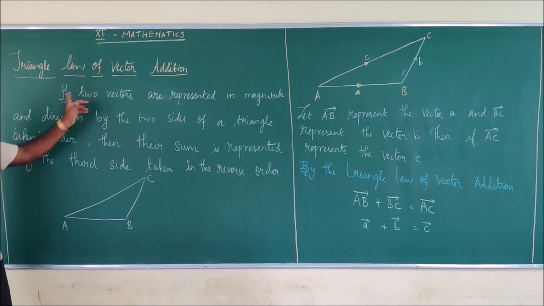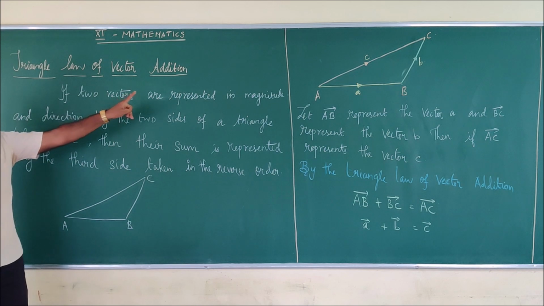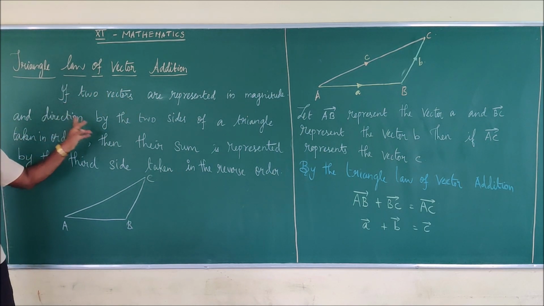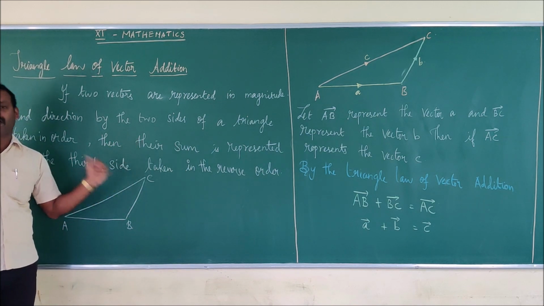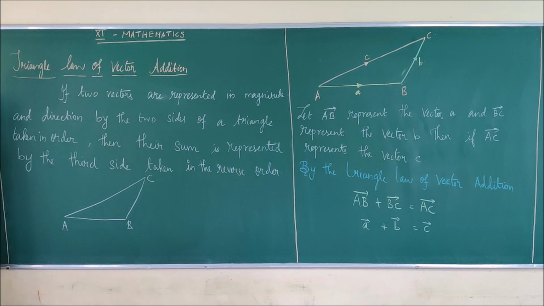What the statement says is, if two vectors are represented in magnitude and direction by two sides of the triangle taken in order. The order is very, very important. If you want to draw the triangle, you have to fix the first point A, and you have to complete the triangle by ending with A, so that we can make the order of the vectors representing the three sides.